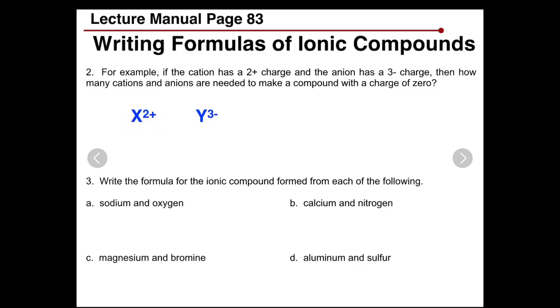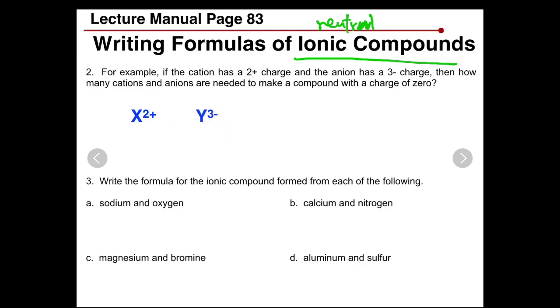In order to balance this, you need to make sure that an ionic compound is always neutral, which means the charges have to add up together to equal 0. Right now, X has 2 plus, Y is 3 minus. To make these two charges equal, you need to find a common denominator.